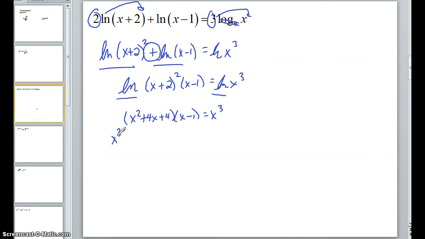Alright, so then we multiply this out. We're going to have x cubed plus 4x squared plus 4x minus x squared minus 4x minus 4 equals x cubed. Simplify. These two are 3x squared. And solve for x.